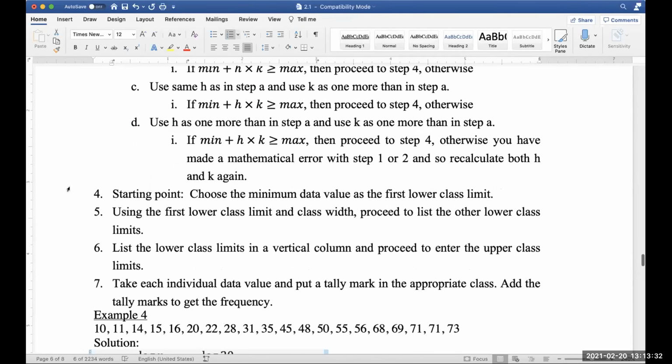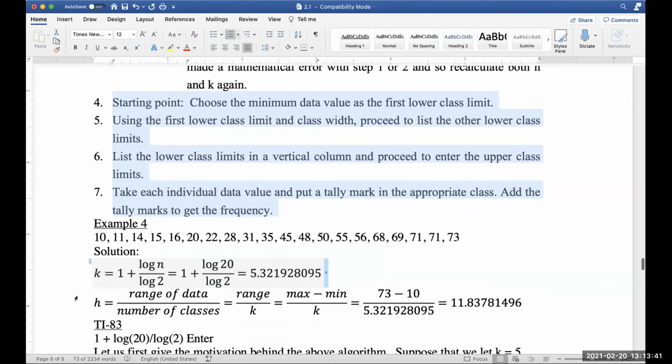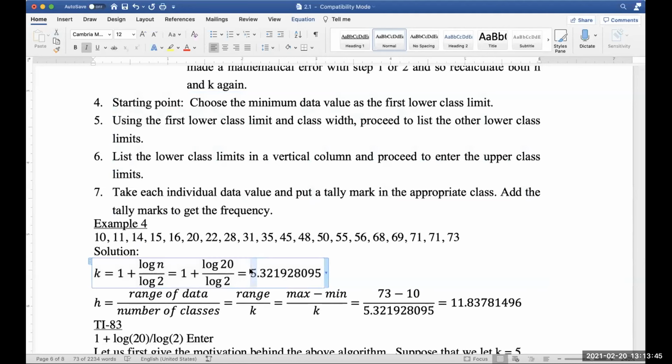Then you just draw your group frequency distribution.